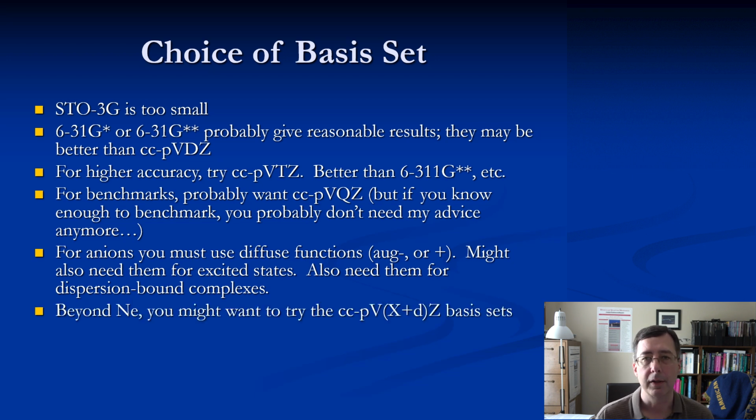If I'm in an element in the periodic table that is lower than neon, I may need to use this plus D version of the correlation consistent basis sets if that's the family that I've chosen. In the original design of the correlation consistent basis sets, the D functions that were chosen were not quite tight enough.